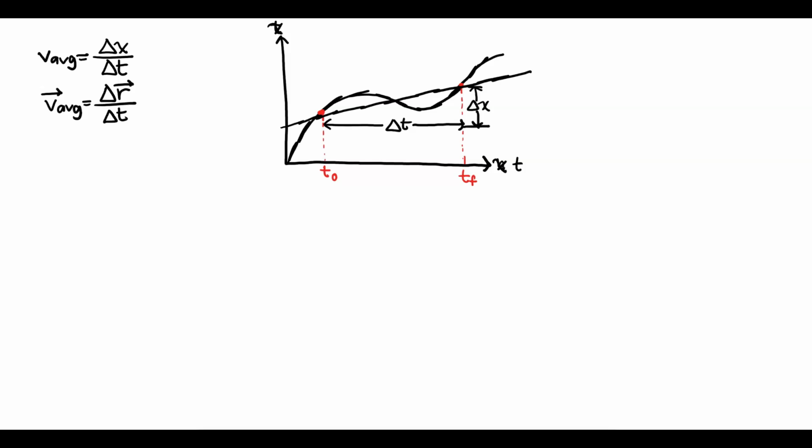So we have to find some way to fix this dilemma, because if we treat everything as linear, we can't really do much physics with just constant velocity and average velocity. And so we want to find a way to find the instantaneous velocity.